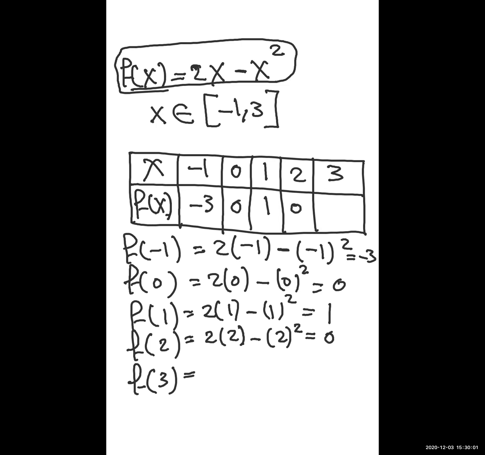The last one, f of 3, which is equal to 2 times 3 minus x squared, which is 3 squared. So 2 times 3, it will equal 6. Minus 3 squared, which is 9. Okay, so 6 minus 9, it will equal -3. So here, -3. Okay, guys, now we are clear about all this, how to get f of x.